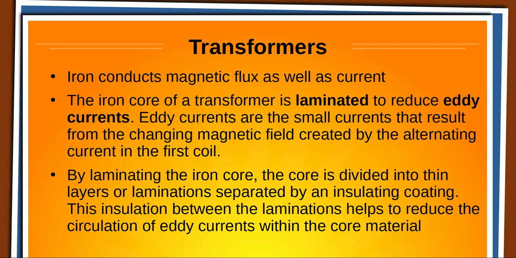In order to reduce that large eddy current, if you divide it up into these very small pieces, then you have very small eddy currents in each one of those little laminations, and they don't really add up together. So there's a lot of transformer loss due to the eddy currents. That's why they do that, to make the transformer more efficient. Because you're going to lose power because it's going to heat up the core with that eddy current flowing in there.